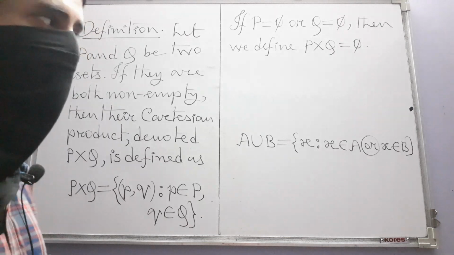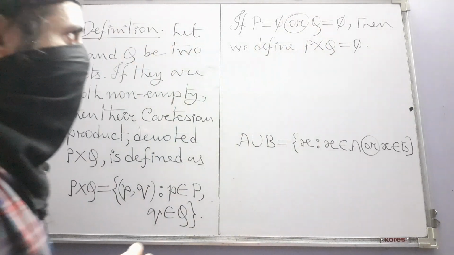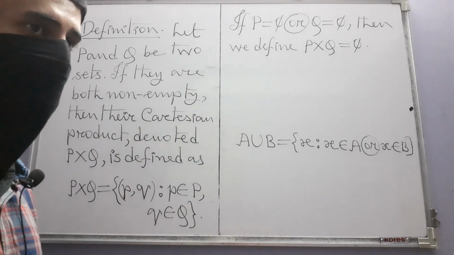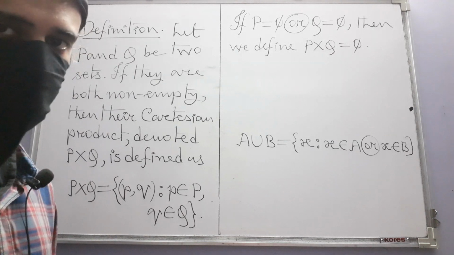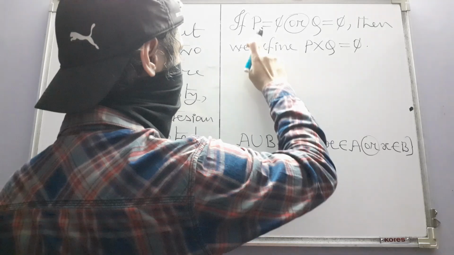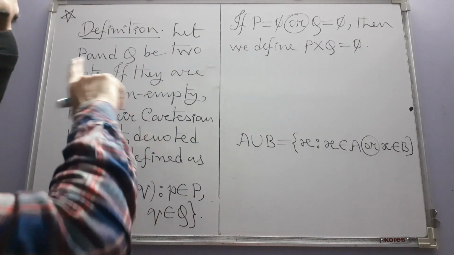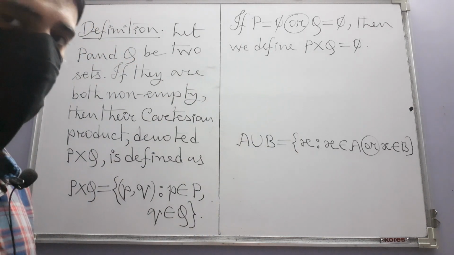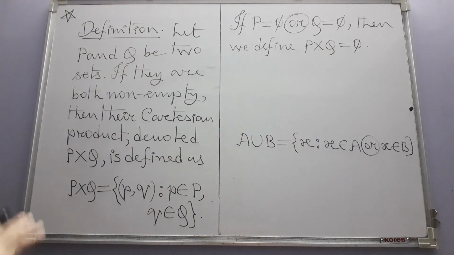That possibility is also included. That thing is true here as well. So P is empty or Q is empty doesn't mean that they cannot both be simultaneously empty. That condition can also be true. So this OR really means either P is empty or Q is empty or both are empty. In all such cases, the Cartesian product is defined to be the empty set. Okay, so this is the full definition of the Cartesian product of two sets.